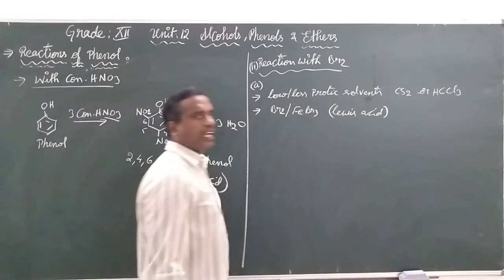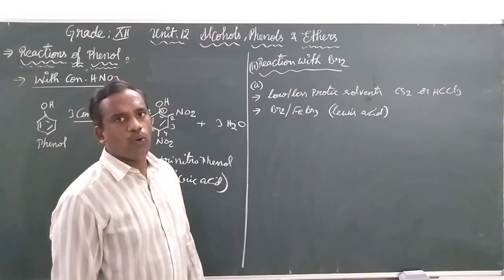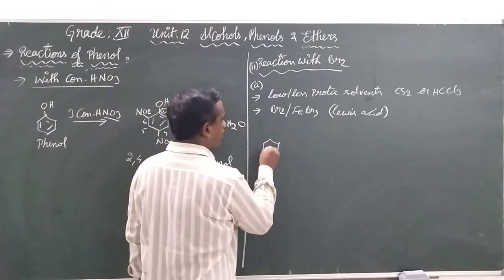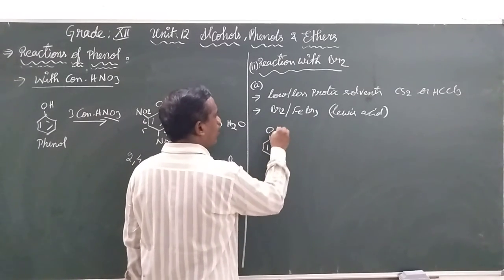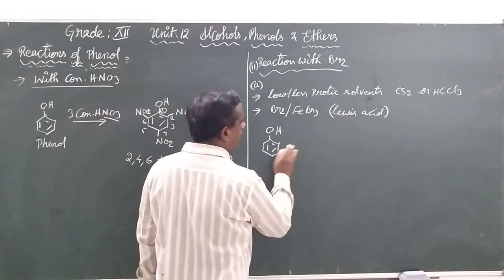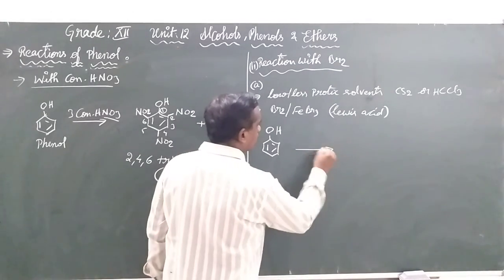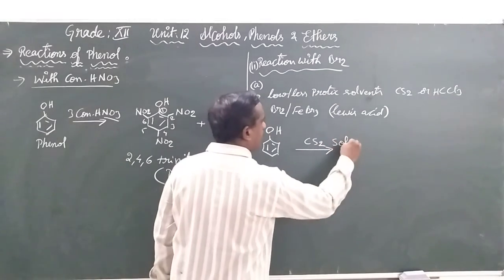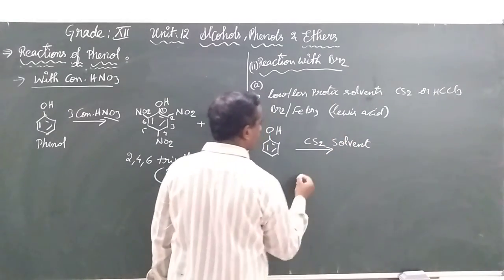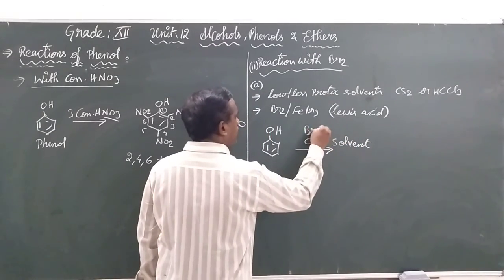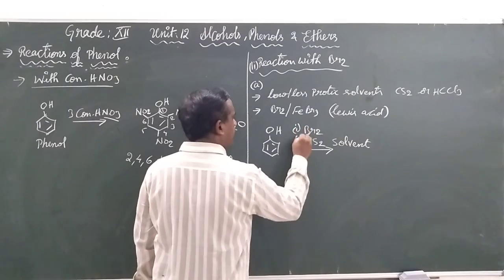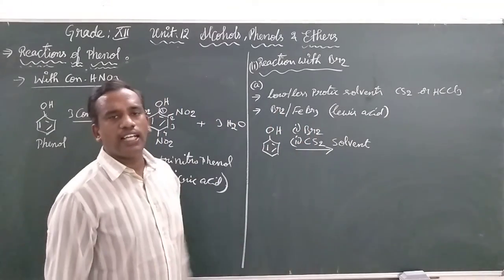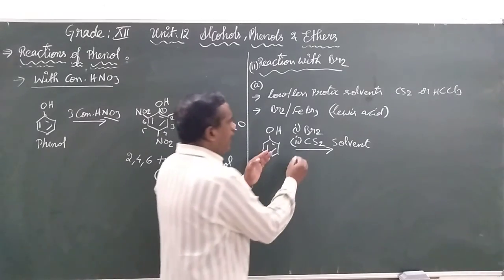Let us take the phenol and react it with carbon disulfide, which is used as a solvent, and the bromine is added in the presence of this carbon disulfide solvent, which is a less protic solvent.